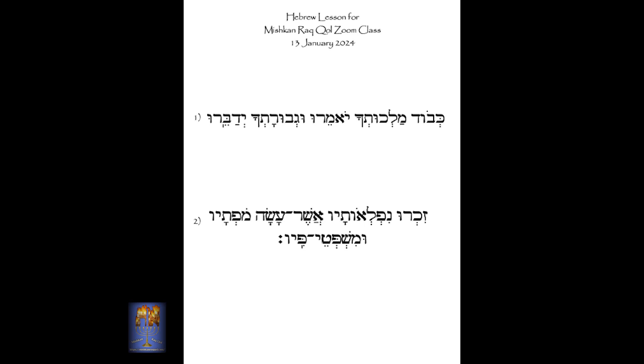Asher, we're going to leave that for just a second because it means so many different things. But then we have this word asa, to make, to do a deed. So we're going to translate asher as that he, and then asa has done.